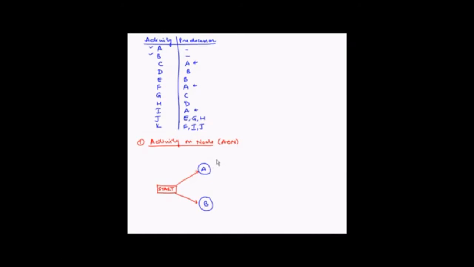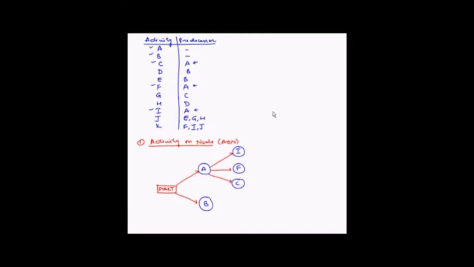So 3 arrows from A, and then we'll draw the activities I, F and C. So this is I, this is F, and this is C. Here we have completed C, F and I.